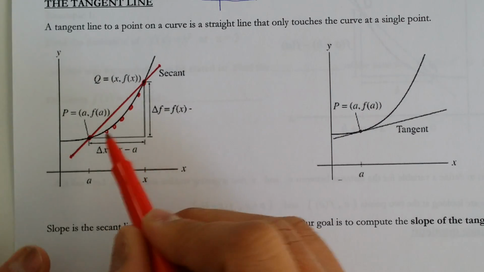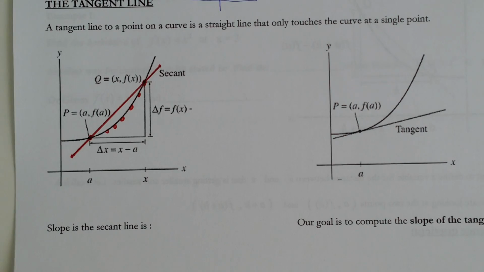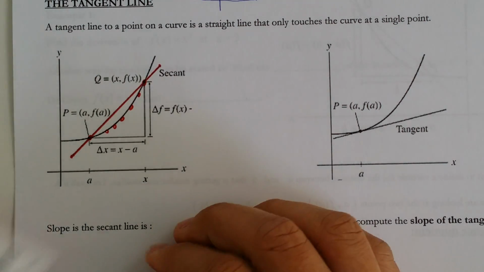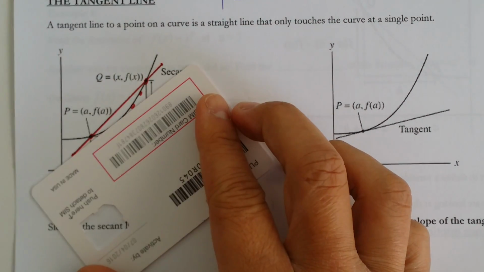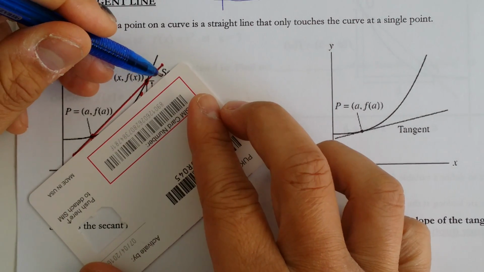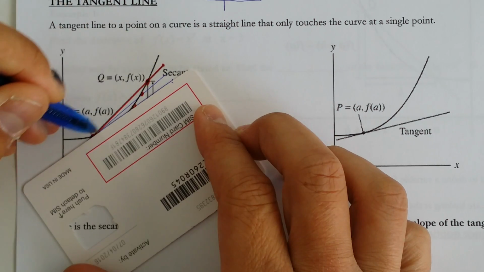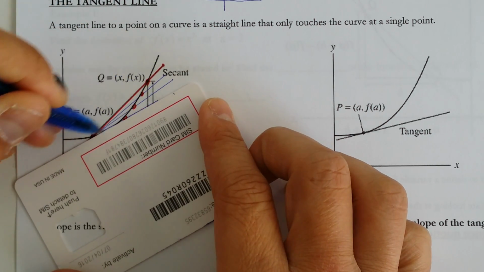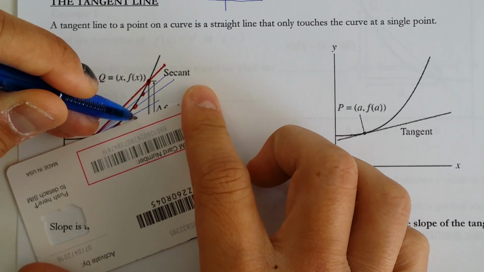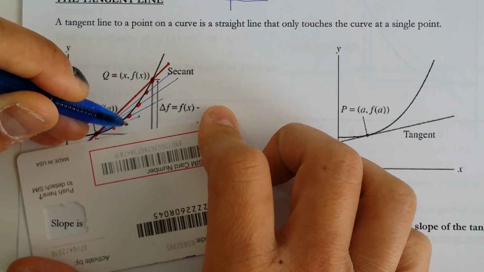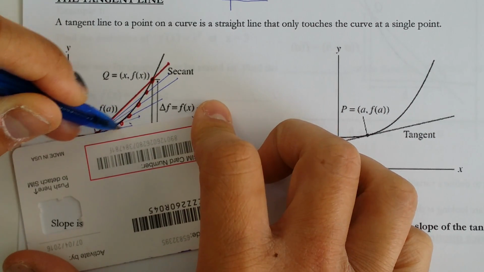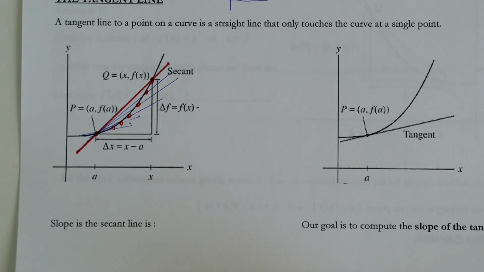And the more we do that, as you can see, this line right here will get closer and closer and closer to our tangent line.